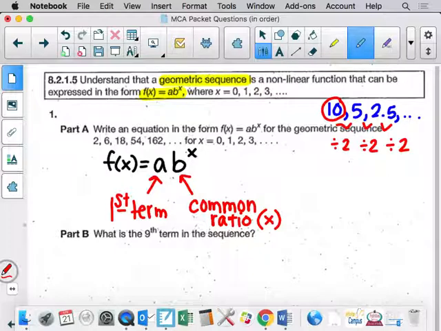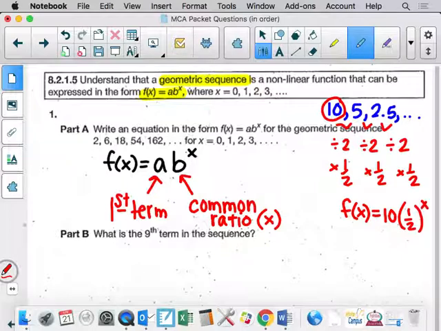Remember that dividing by 2 is the same as multiplying by 1/2. So when writing an equation for this sequence, I would say f of x equals 10 times 1/2 to the power of x.